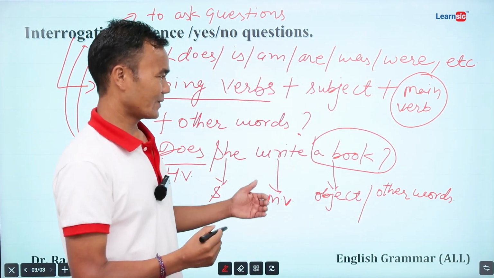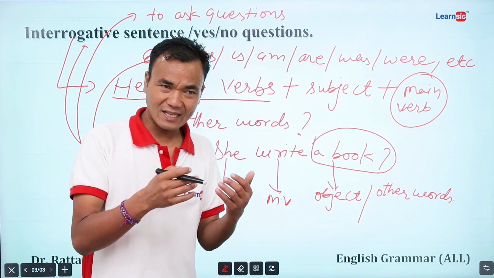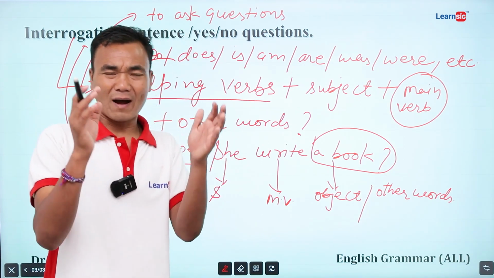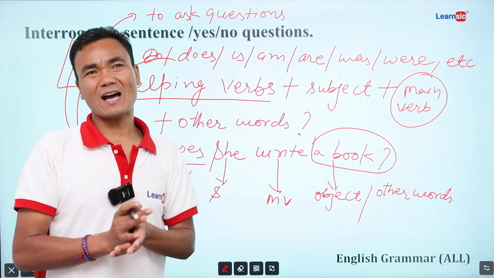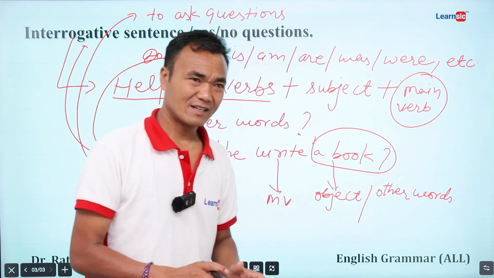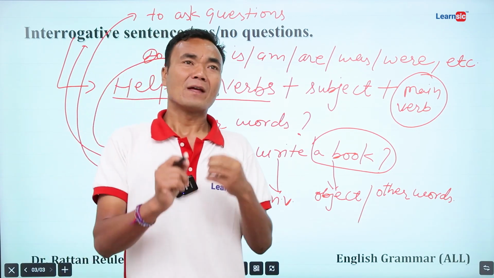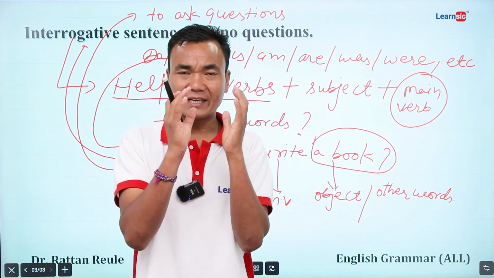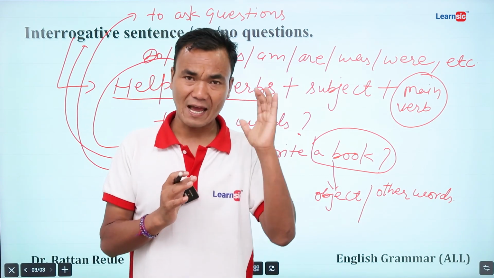Let's begin from here. If you divide the sentence into different parts, you can easily understand and learn without any doubt, without any confusion. This is the best example, my dear class, that our interrogative sentence is one type of sentence from English grammar.